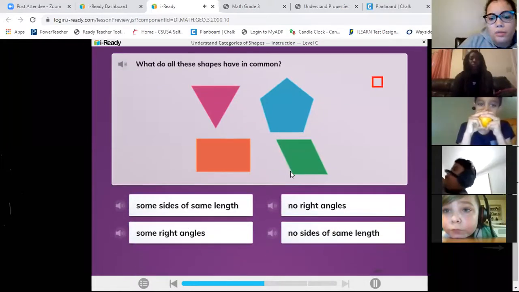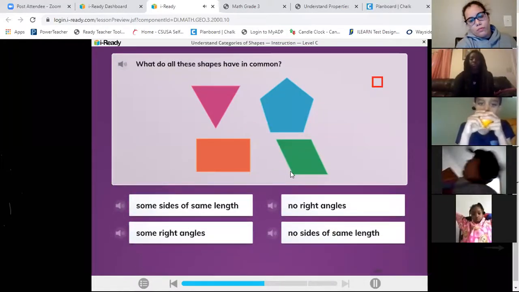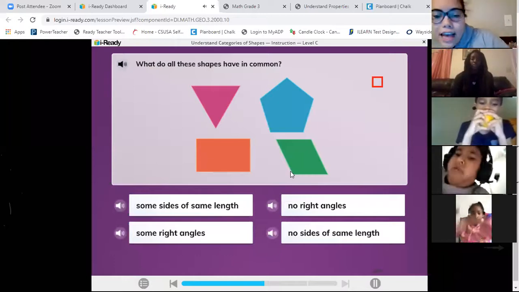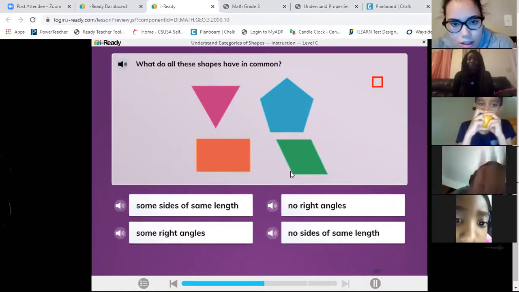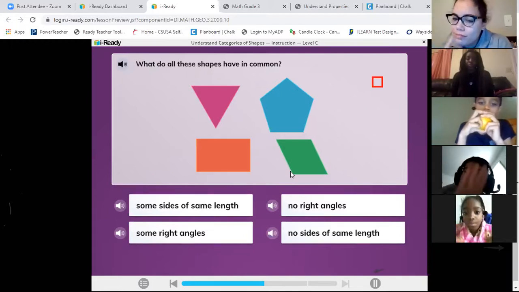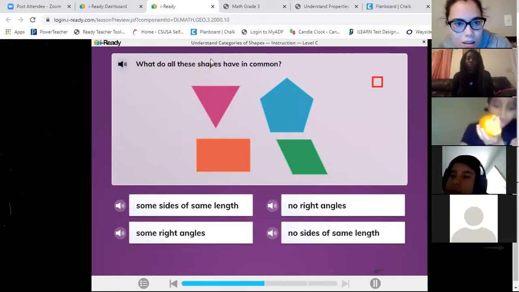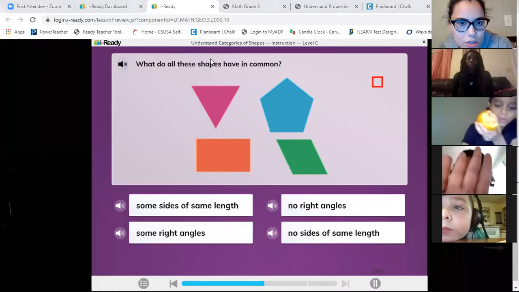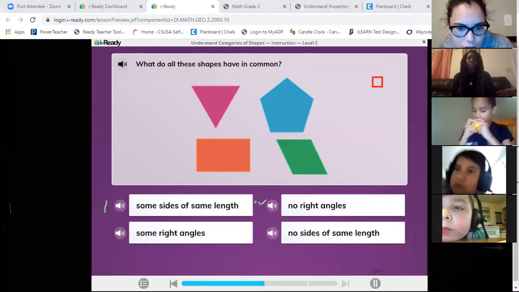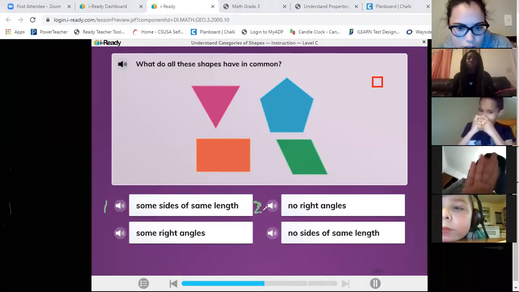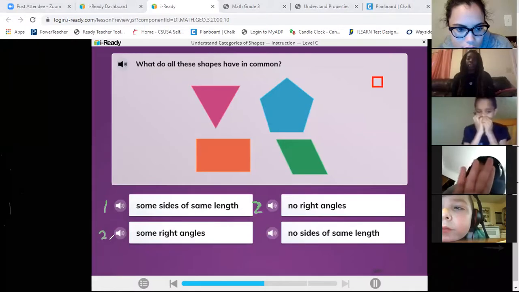Okay, and this is the last one we'll do. So now what do all of these have in common? What do all of these have in common? You could give them a second to think.